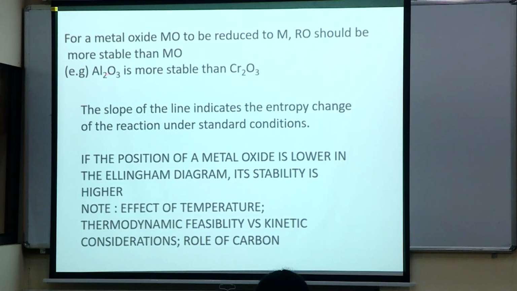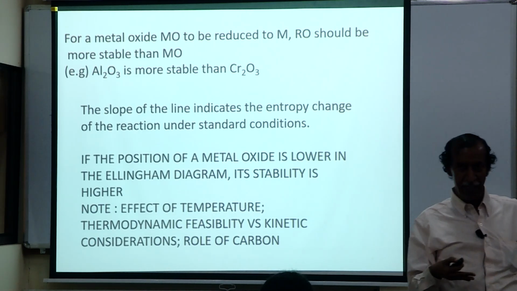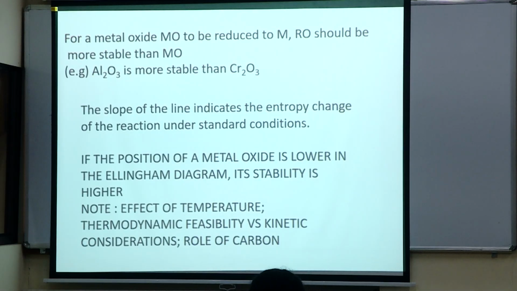That means what? You go to the diagram, you have to see between these two which has more negative delta GF, that will be stable. So whenever you find the most negative Gibbs energy of formation, that reaction will occur. Right? That is the power of the Gibbs energy.